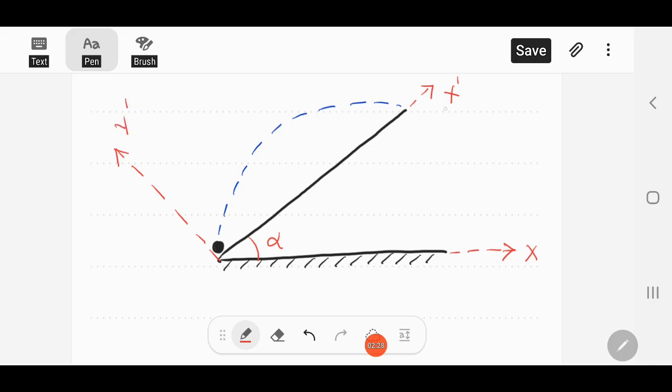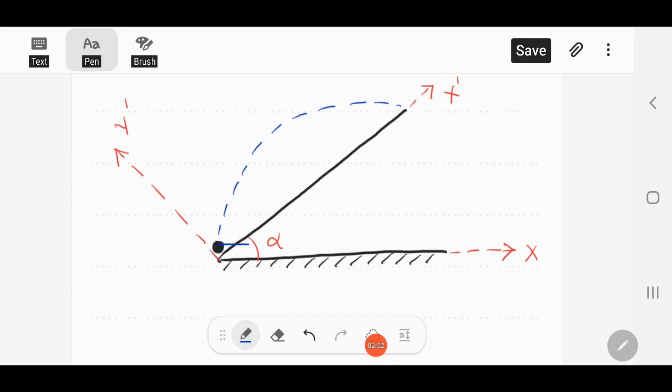From now on we will refer to x dashed as our horizontal and y dashed as our vertical. These are the shifted horizontal and shifted vertical. For a generalized approach, we are considering projectile motion on this inclined plane.